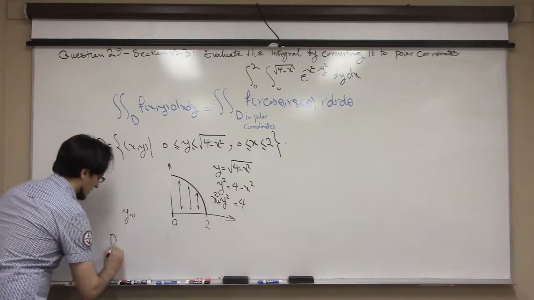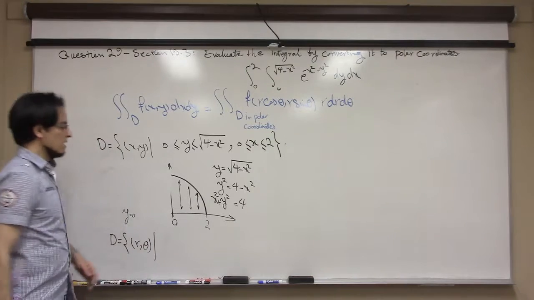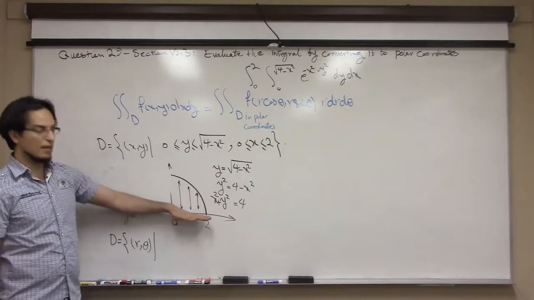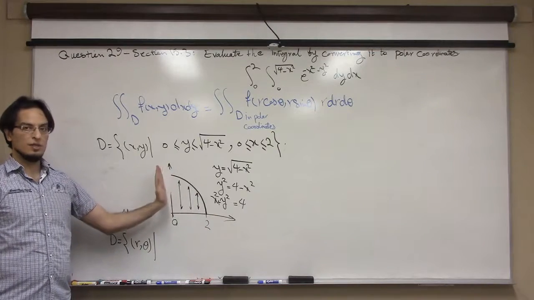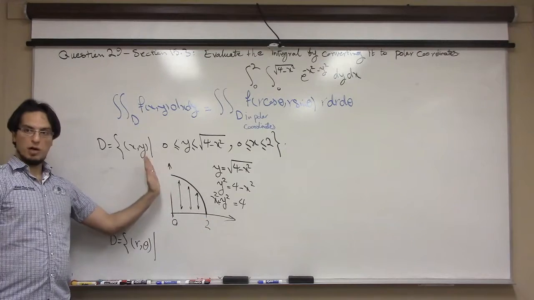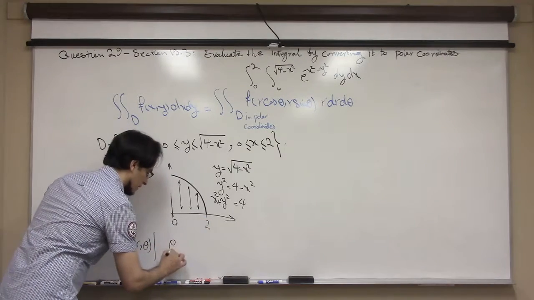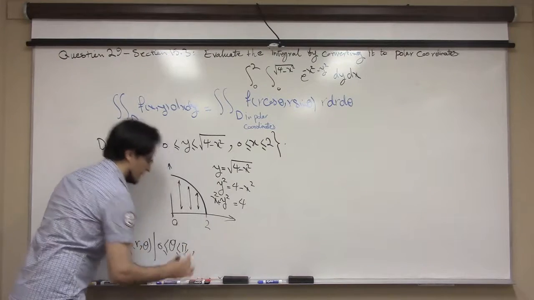So D is going to be in terms of r and theta. Let's see first the easy one. Theta goes from 0, to cover this part of the circle, to pi over 2.